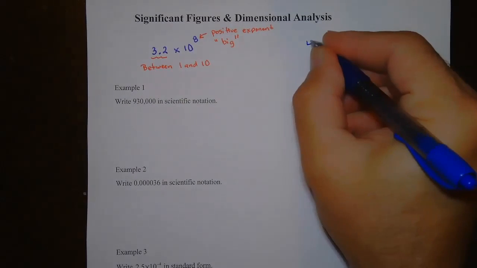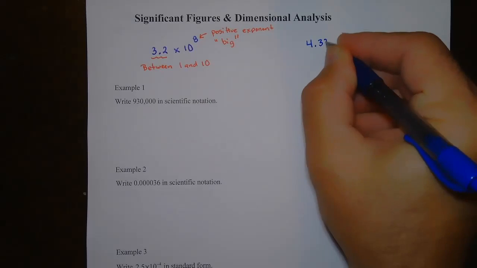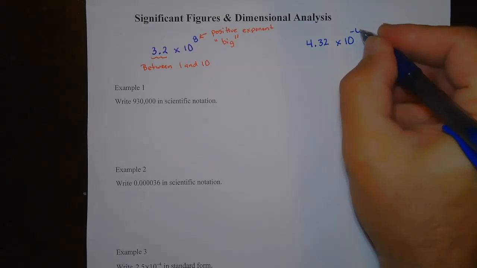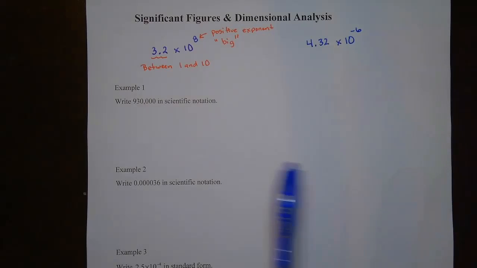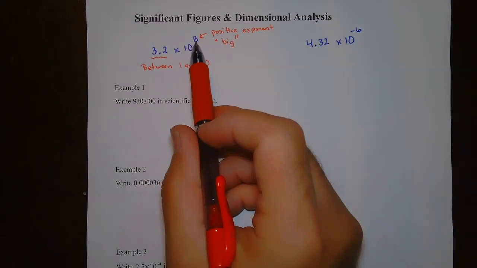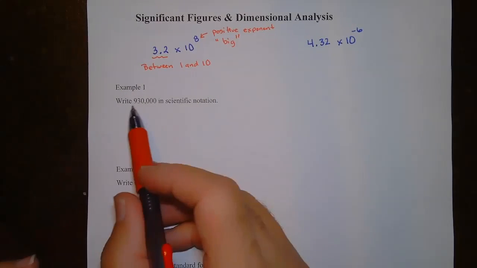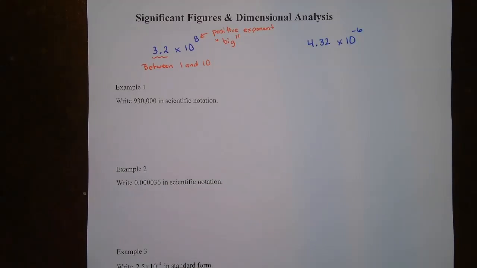Another number in scientific notation could be something like this, 4.32 times 10 to the -6. So you're going to see either a positive exponent or a negative exponent, okay? And if you realize it's got to be a big number, that helps you know, and you don't have to memorize, oh, if it's left, it's this, and if it's right, it's this. You understand that's a big number, so if I have a big number, like 930,000 in this next example, then you have to write that with a positive exponent, okay?